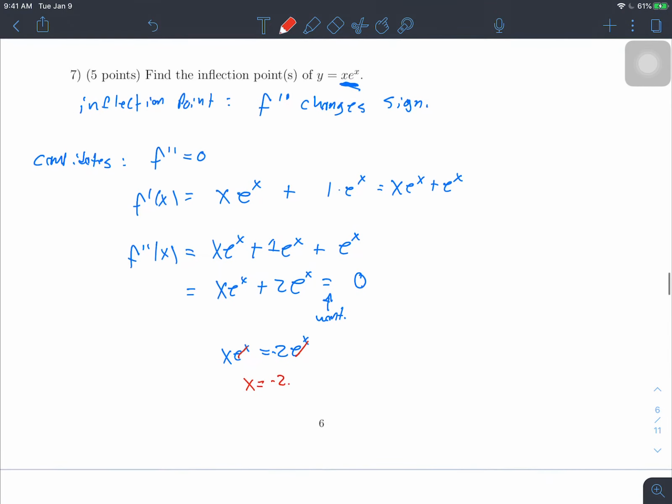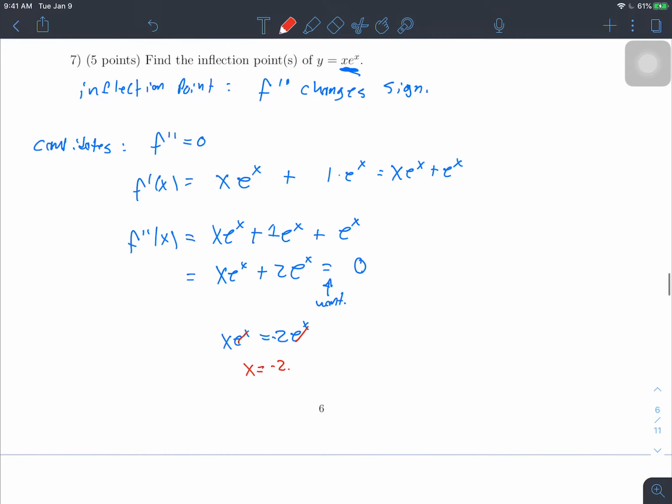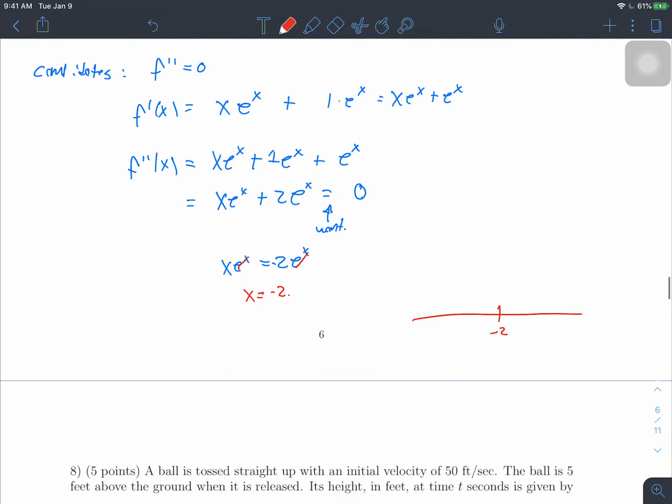What we need to do is verify whether or not f double prime changes sign at this point. So what we're going to do is create a number line. I'm going to put negative 2 on here, and the number line should tell us the sign of f double prime of x, because we want to say whether the sign is going from negative to positive or positive to negative, or not doing either of those things.